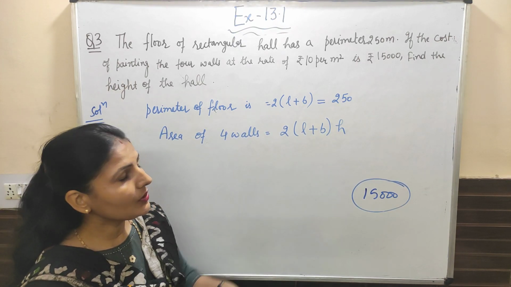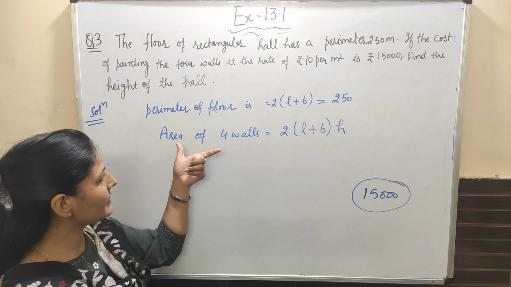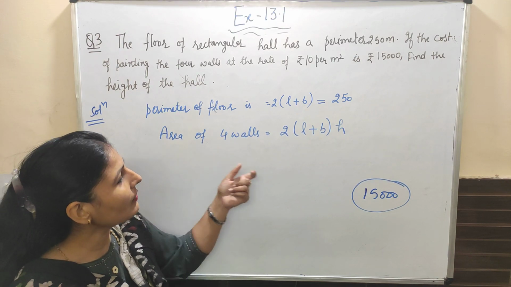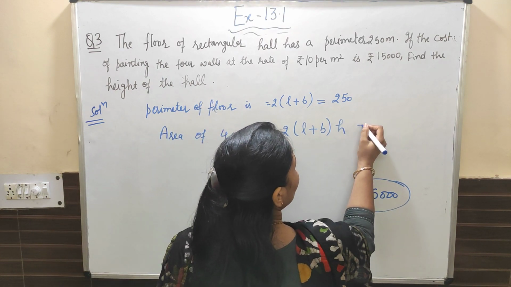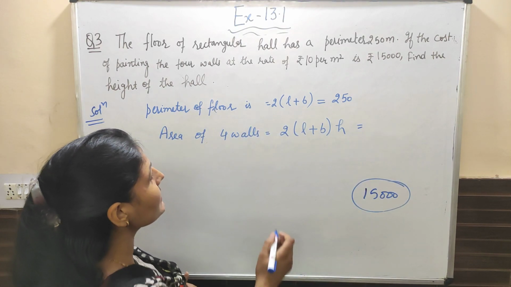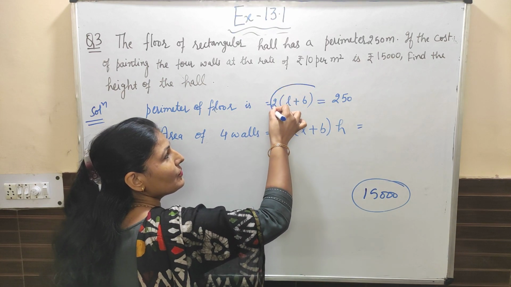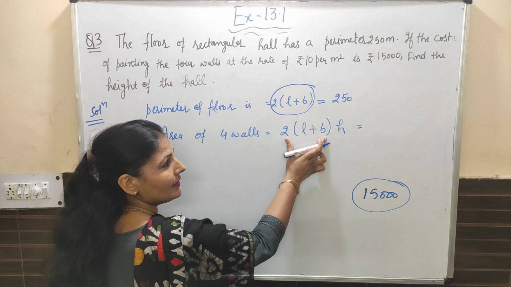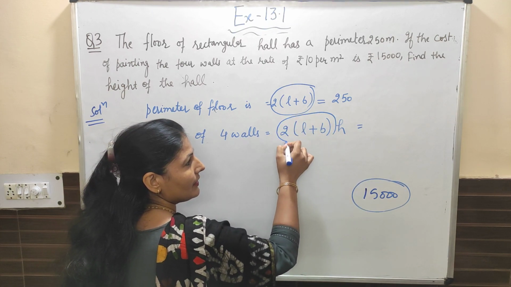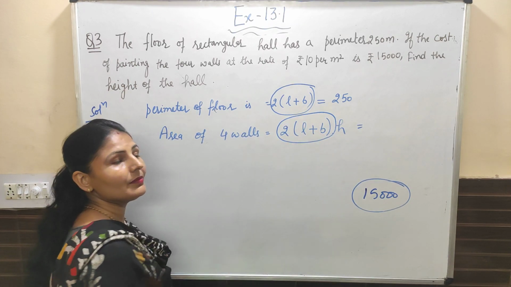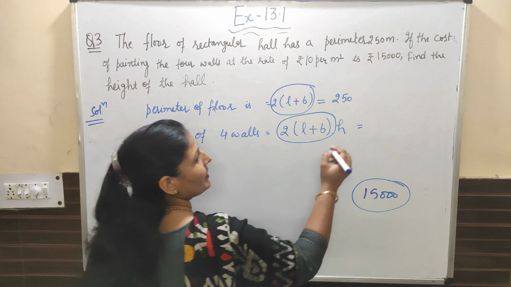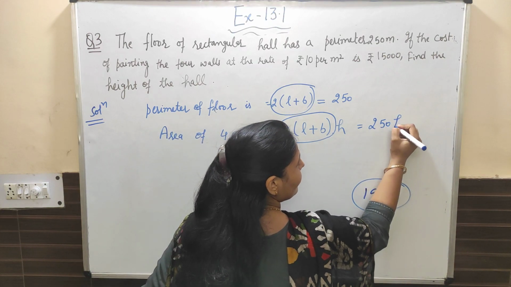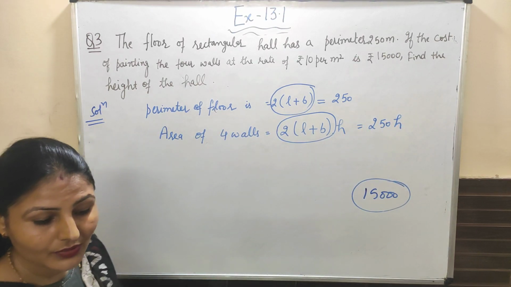You can say it is the area of 4 walls or the lateral surface area of a cuboid. Now, as you can see, the value of 2 into (L plus B) is 250, so we can put it here in place of 2 into (L plus B), and H will remain as it is. It means it is 250 into H.